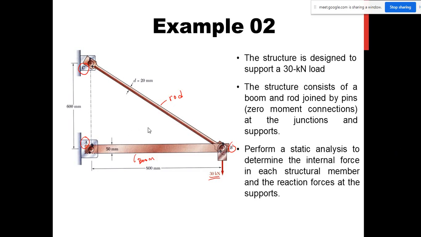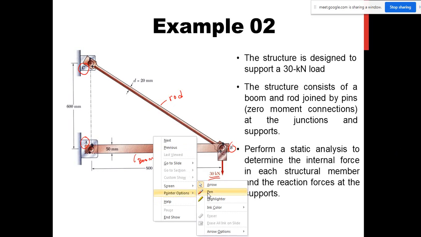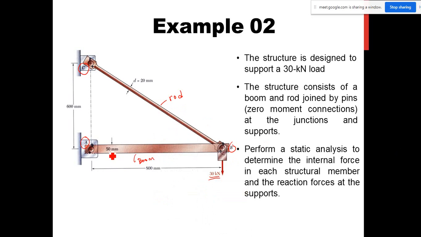It means the boom and also the rod are connected, joined by pin at B, with zero moment connection, and at point B there is no moment. That is what is meant by zero moment connection.